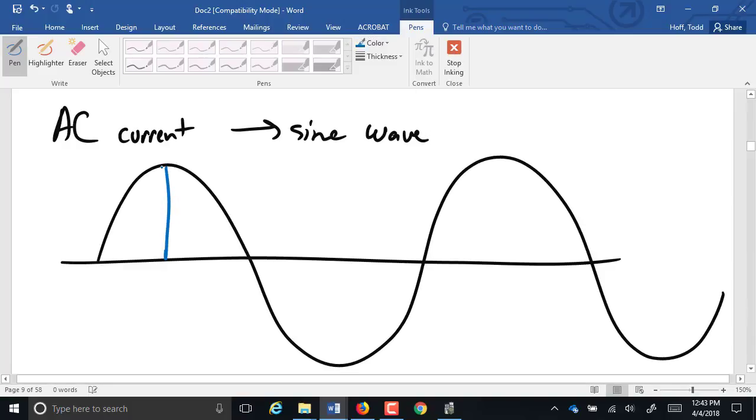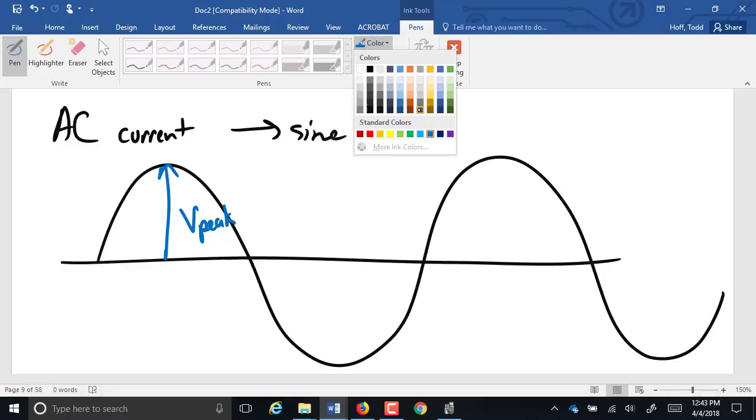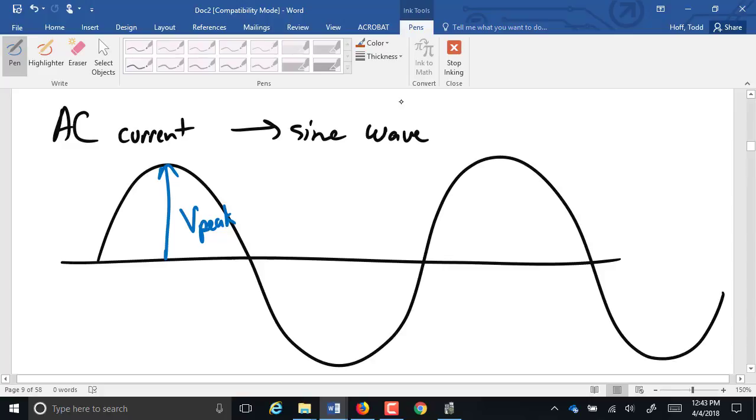The amplitude is what would be called our peak voltage. What you guys are used to calling 110 or 120 volt power, what comes out of most of your standard wall outlets, actually has a peak voltage of 170 volts.